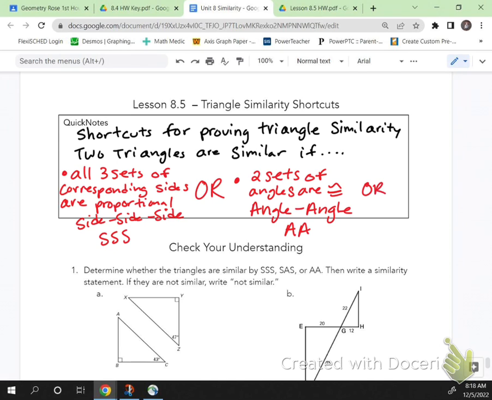Last scenario. 2 sets of sides are proportional, and there's an angle, congruent angle between them.